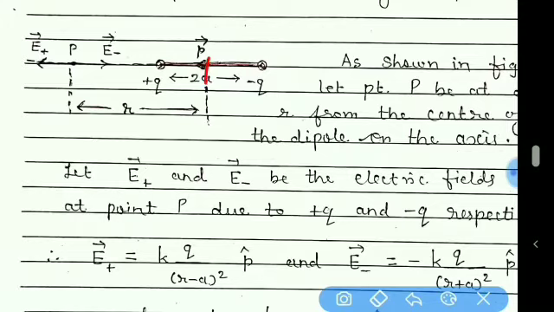From the center of the dipole, the distance of the positive charge is a, and this distance is r.